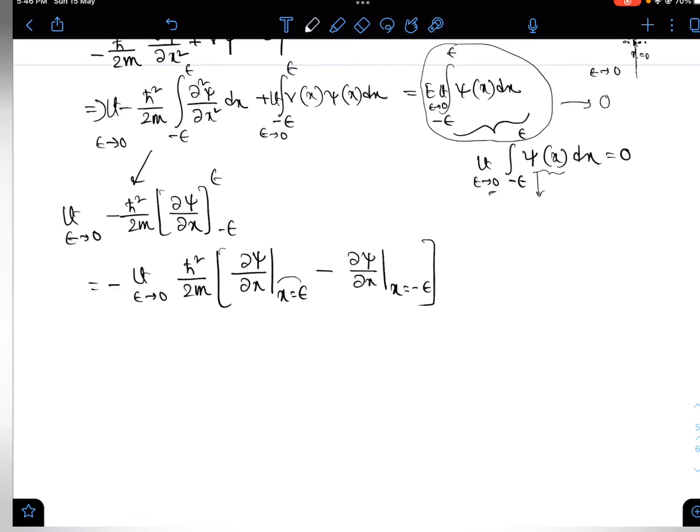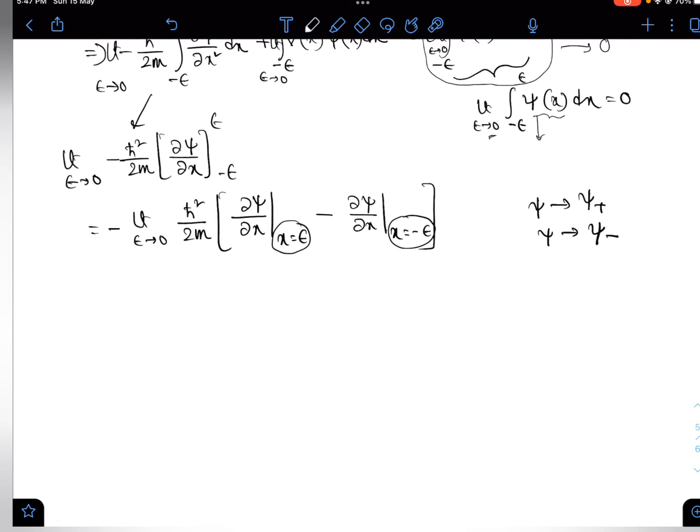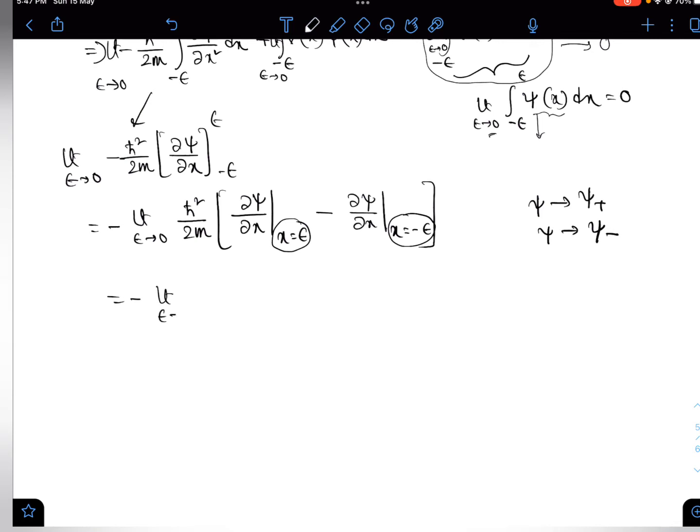But in this region psi is psi plus, and in this region psi is psi minus. So you can write this as minus limit epsilon tends to 0 h cut square by 2m, del psi plus del x at x epsilon minus del psi minus del x at x minus epsilon.